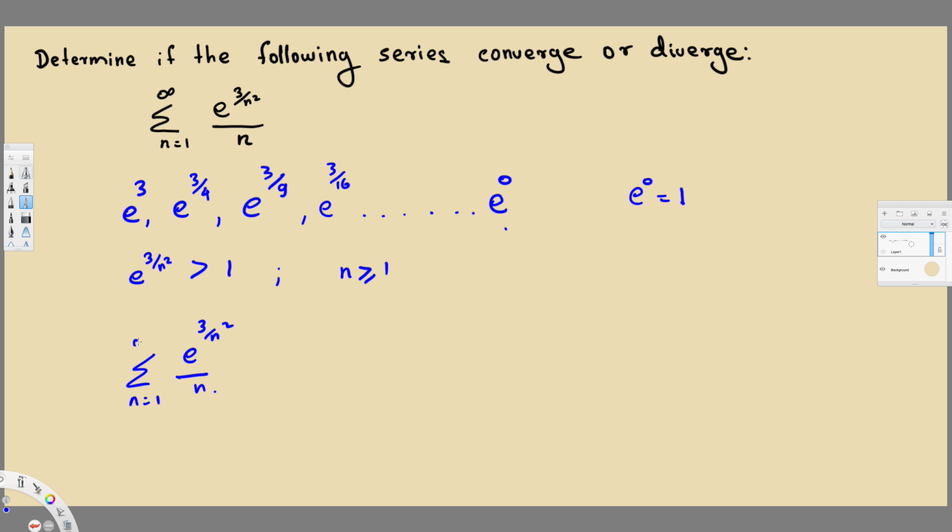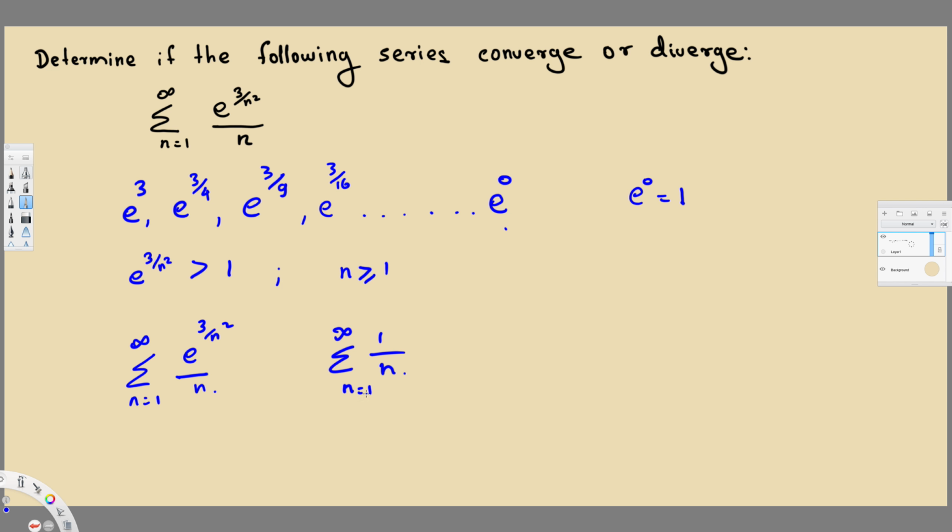And then if we take 1 over n, right? We found out this is 1 or greater than 1, right? So let's say this is greater than 1.